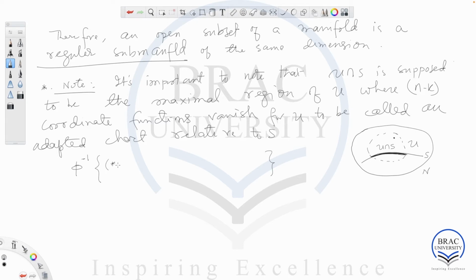The elements of which look like this. By star we mean some unknown coordinates, they can be anything, and there are n minus k many zeros here. So these are elements of R to the n.